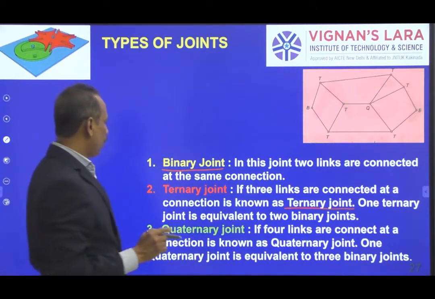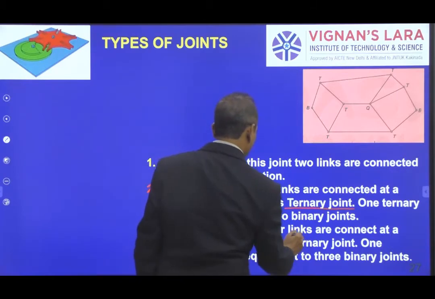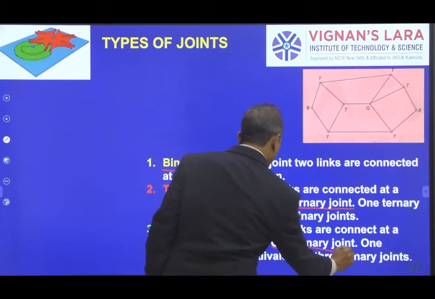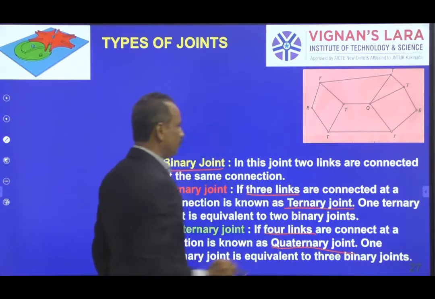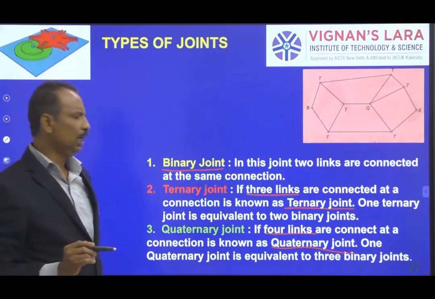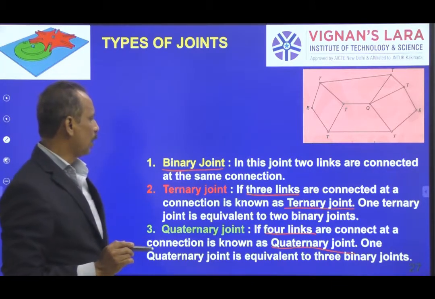And if four links are connected at one location, it is called a quaternary joint. Three links connected is called ternary, four links connected is called quaternary.